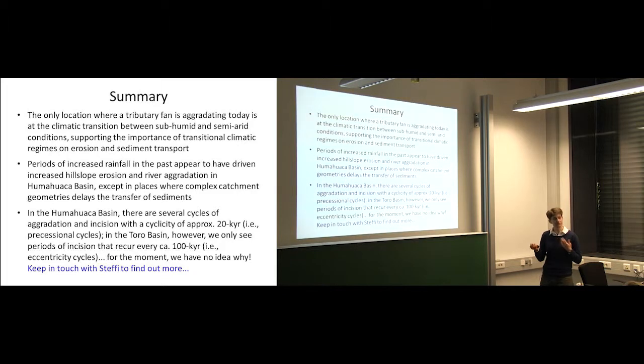And it seems, for the most part, yes. We saw these terraces aggrading during these changing climate conditions. We were either getting wetter or getting drier. So periods of increasing rainfall in the past appear to have driven increased hillslope erosion and river aggradation in the Humahuaca Basin, except in places where complex catchment geometries were delaying the transfer of sediments.